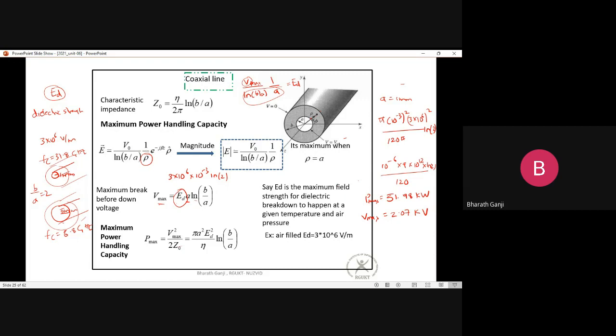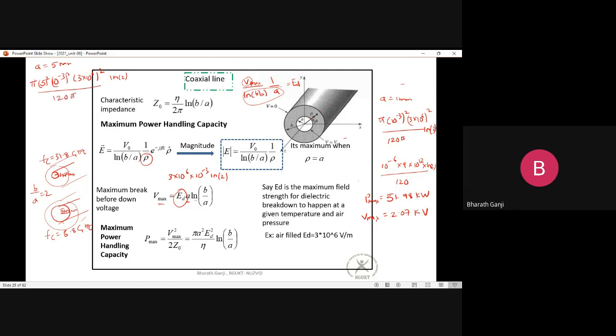So let me take a scenario where it is a 5 mm cable. So if I had to do it for a is equal to 5 mm case, I get the formula again as pi times 5 square into 10 to the power of minus 3 whole square into ED is 3 into 10 to the power of 6 whole square, and ln of b by a is ln of 2 divided by eta is 120 pi.